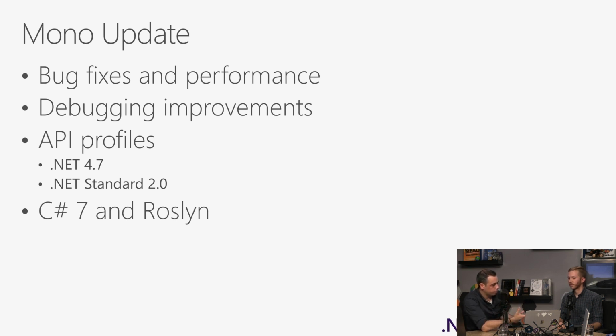But it also comes with years of bug fixes and performance improvements that the Mono team has been doing. For instance, for Xamarin, one big feature and performance improvement that comes with the Mono update is debugger improvement, where attaching the debugger to this Mono runtime would be much faster.